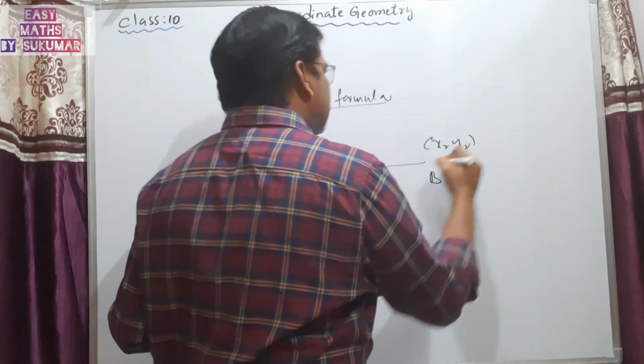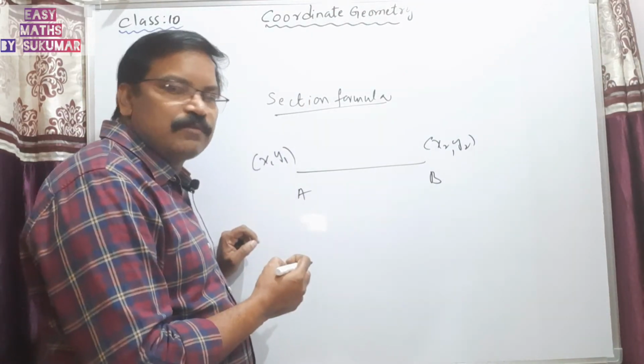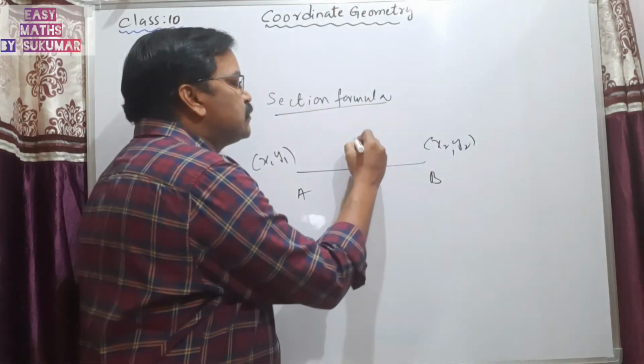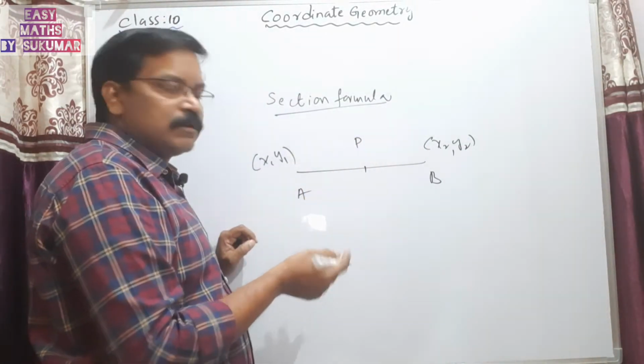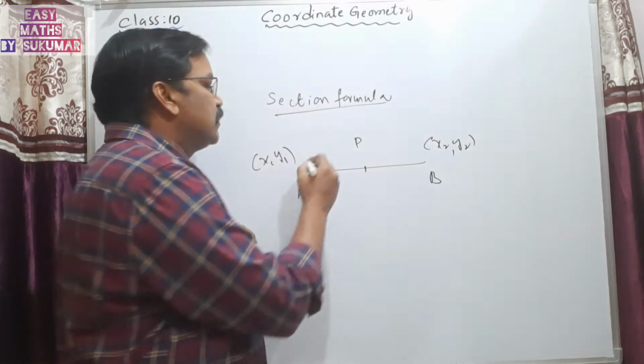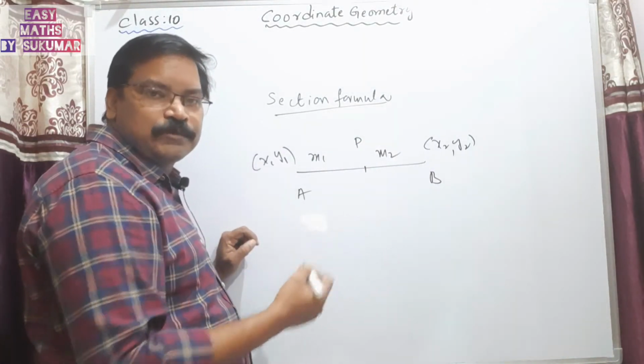Here P is a point between A and B that divides this line segment in the ratio m1 is to m2.